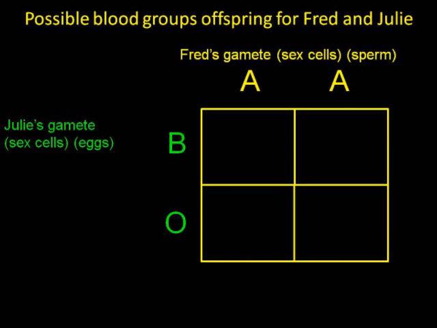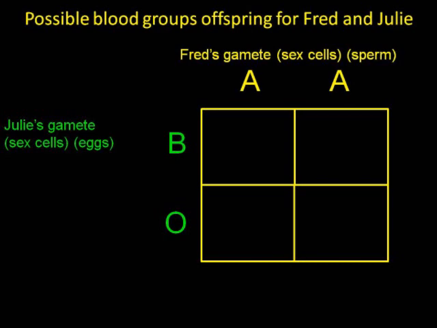So to look at all the possible combinations of alleles in any children that Fred and Julie had, we draw something called a Punnett square that looks like this. So we've got Fred's possible gametes, or sex cells, in this case sperm. What alleles can he have in the sperm regarding this gene?